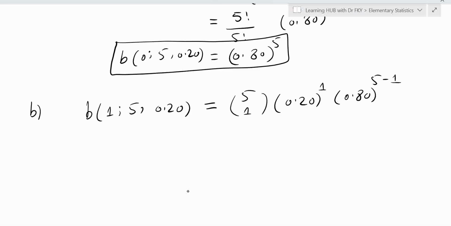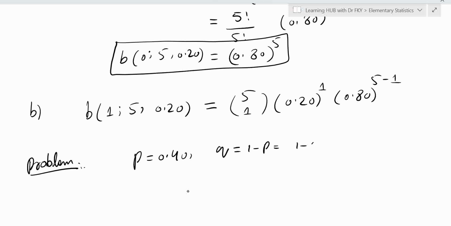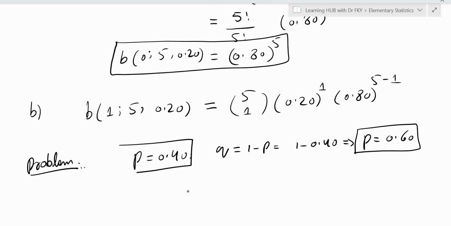Okay, now this problem, this means that in this case P is equal to 0.40, Q is equal to 1 minus P, which is equal to 1 minus 0.40, which is equal to 0.60. We have P, and N is equal to 15.